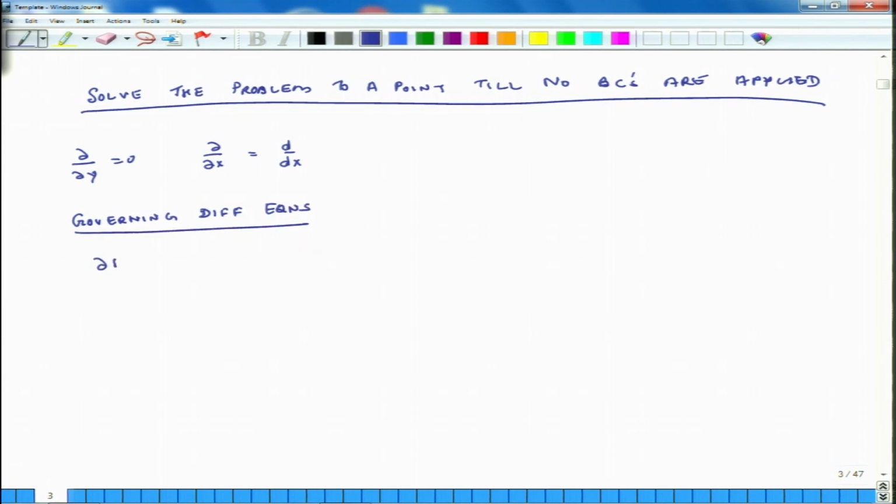Our first governing differential equation was del nx over del x plus del nxy over del y equals 0, and this simplifies to d over dx nx equals 0, right, and if I integrate this I get nx is equal to C1.